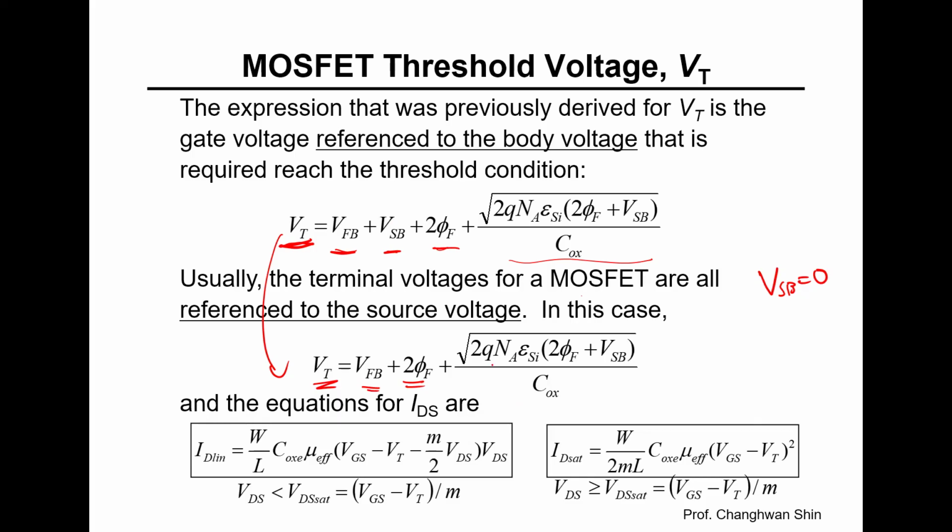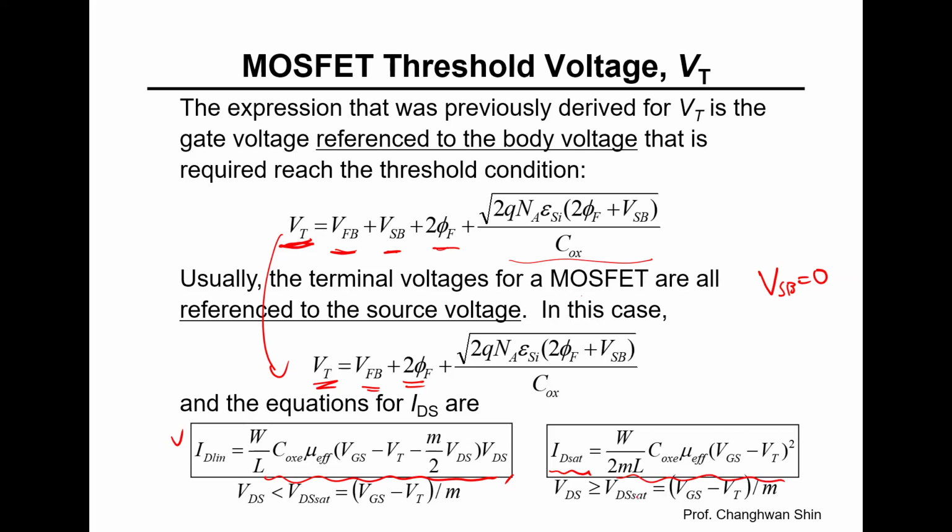Then, using these source-referenced voltages, our drain current equation becomes, in the linear region, ID linear equal to the equation shown here. And in the saturation region, the saturation drain-to-source current can be written with this.